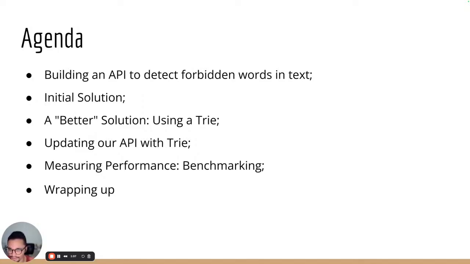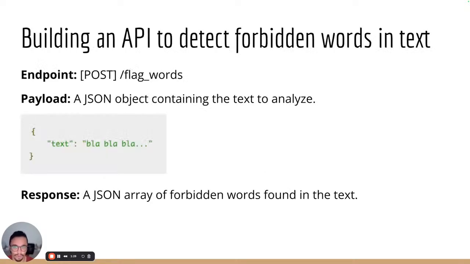We will see why better in quotes. Then operate our API using a Trie, and measure performance, benchmarking to see the difference between the two approaches. And wrapping up, to recap everything that we saw in this presentation.